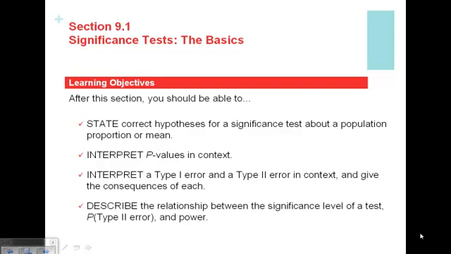We're going to have the definition for type 1 and type 2 error when it comes to significance tests, and we're going to have to talk about the consequences of these errors. And then lastly, we're going to be looking at how to calculate the probability of the type 1 error and the relationship of the probability of the type 2 error to something called power.